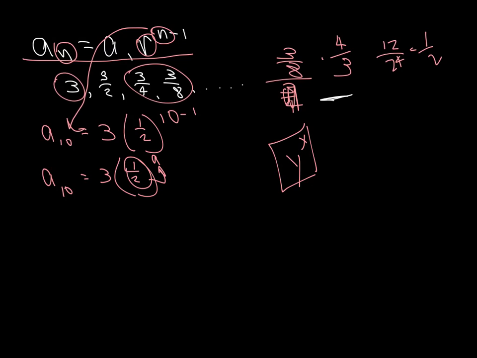You'll put 1/2 in and then hit this key and then put in 9, and it'll give you the answer there, and multiply that by 3. And you'll get 3 over 512 for an answer for that one. Okay?